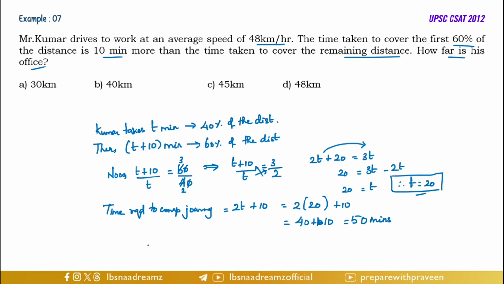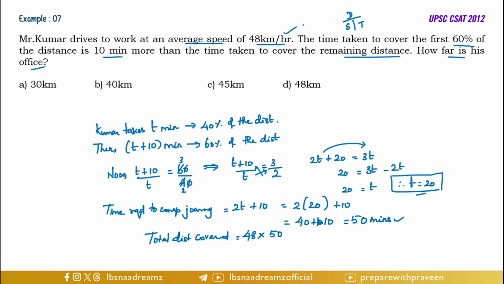Now we have to find the total distance covered. Distance is equal to speed into time. So what is the speed? Average speed of 48 km. So 48 into 50. So we have minutes here, right?